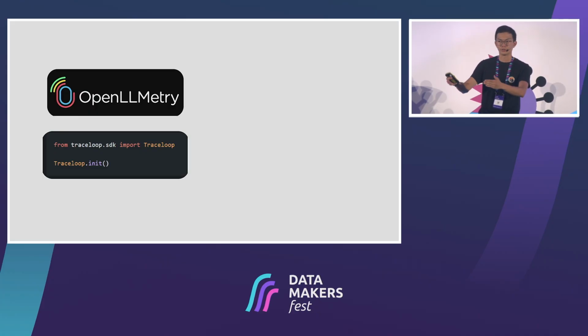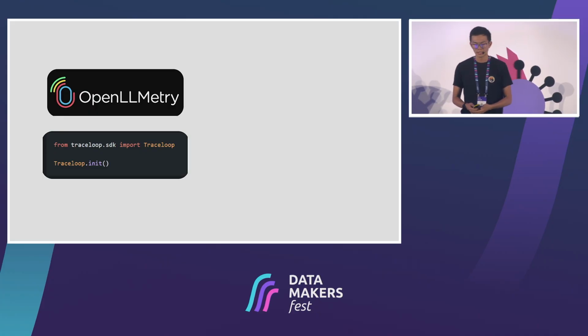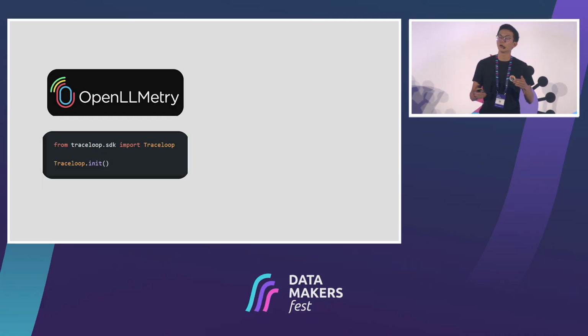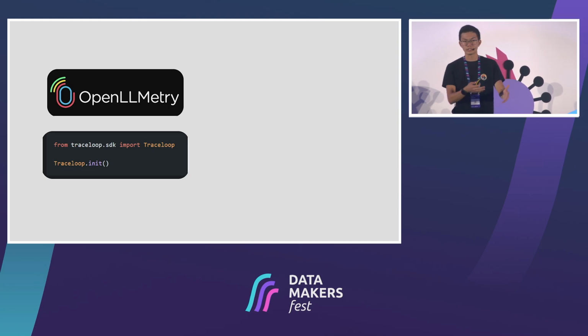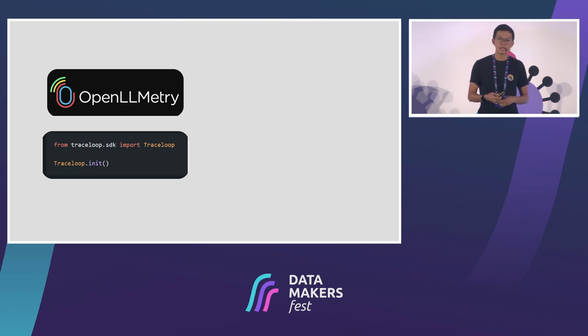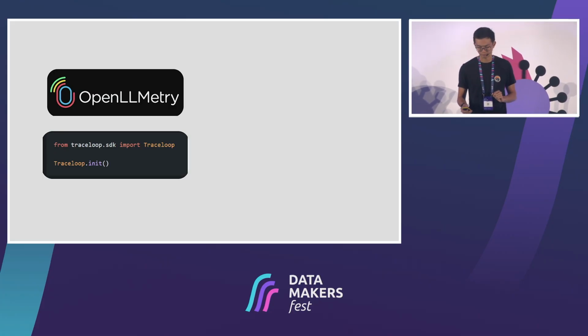So the engineers in the room might have heard about that already. It's a library that allows us to track things like inputs, outputs, latency of each component within our stack. It also supports a wide variety of LLM providers, vector DBs, and so on. And more importantly, it takes 2 lines of code to set up, which is amazing for us efficient engineers.